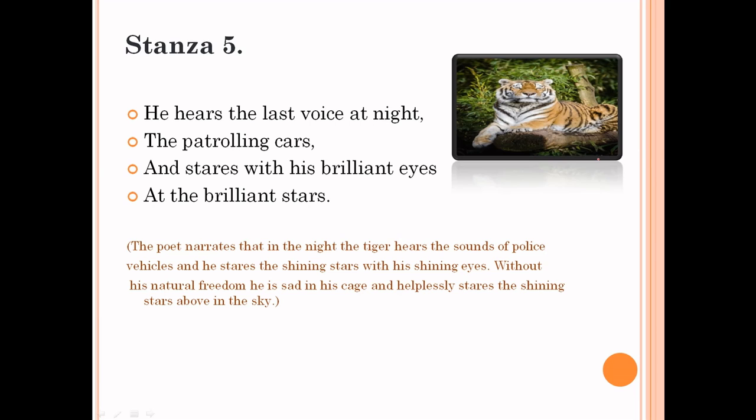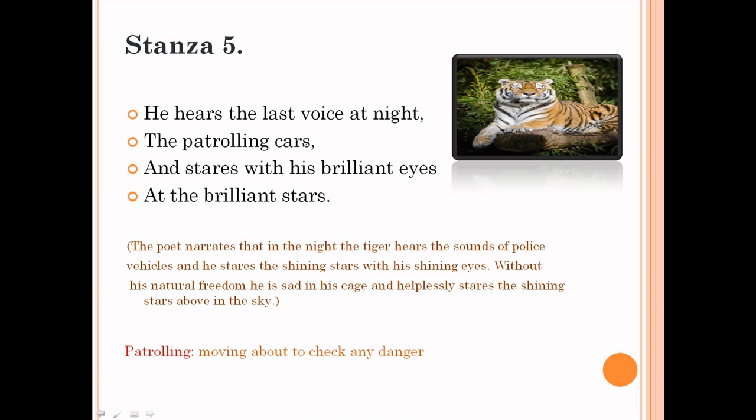Stanza 5. He hears the last voice at night, the patrolling cars, and stares with his brilliant eyes at the brilliant stars. So he, that is the tiger, hears the last voice at night, the patrolling cars.